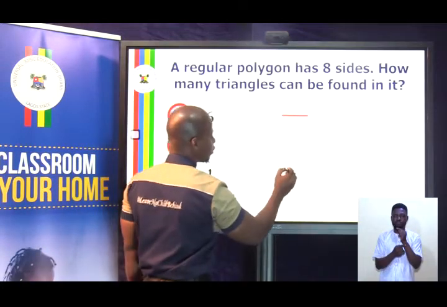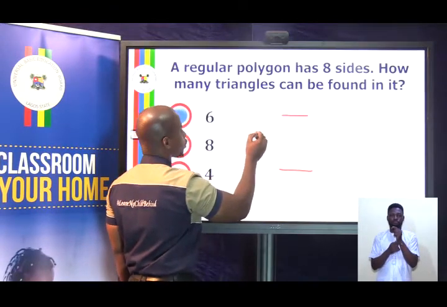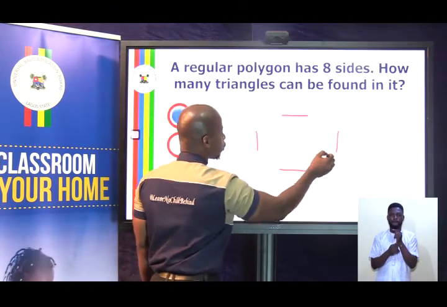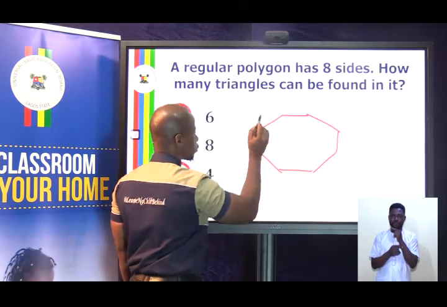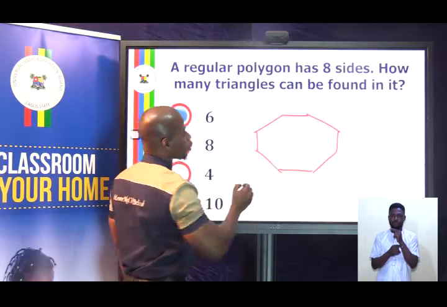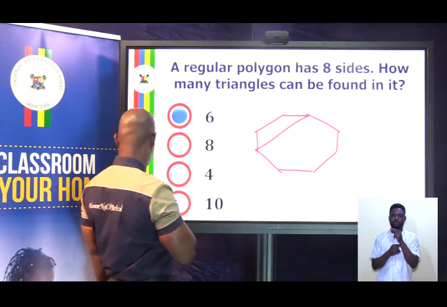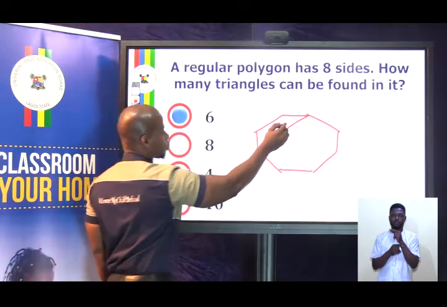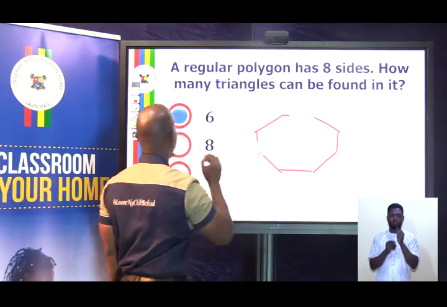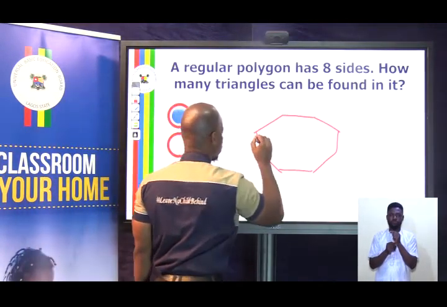Let's see if I can replicate a polygon here, an octagon, which is an 8-sided polygon, then joining this, joining this, joining this, and joining this. Okay, you have to manage my octagon. Now let's join the angles. Now, joining this and joining this.